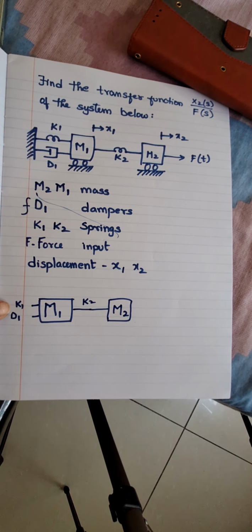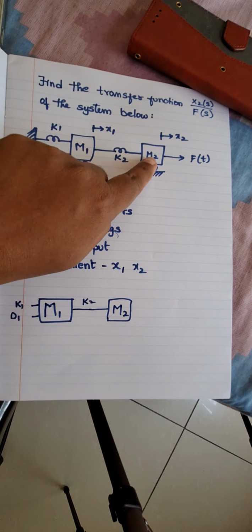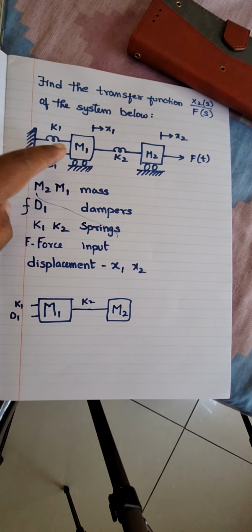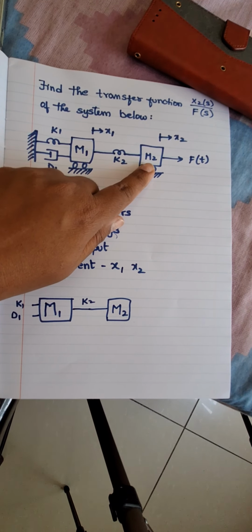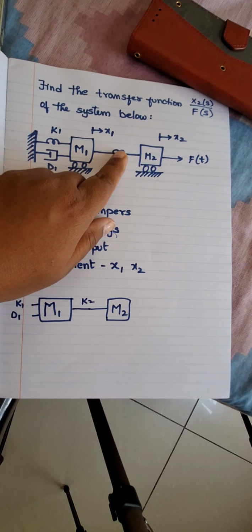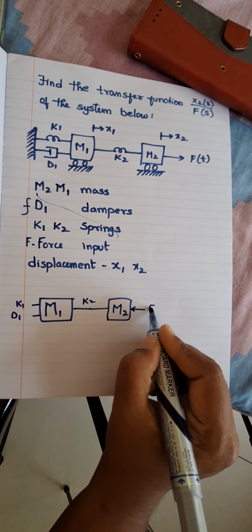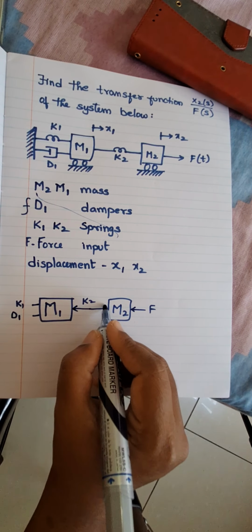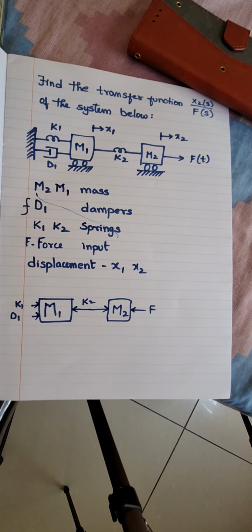So K1 is connected, D1 is connected, K2 is connected. Anything else around M1? Nothing. 1, 2, 3 are done. Then go to the second person. In the second person, only K2 is there, and force is there. K2 is connected to both. K1 is connected only to M1, D1 is connected only to M1.